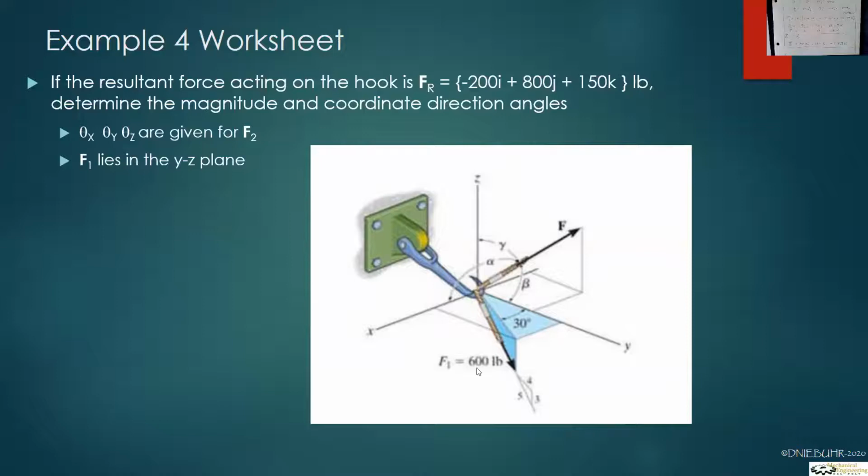Once you figure out F1 as a vector and you have FR, then you can solve for F. Once you know F, we can easily find the angles from that. Go ahead and take a stab at that and come back and I'll show you how to do it.